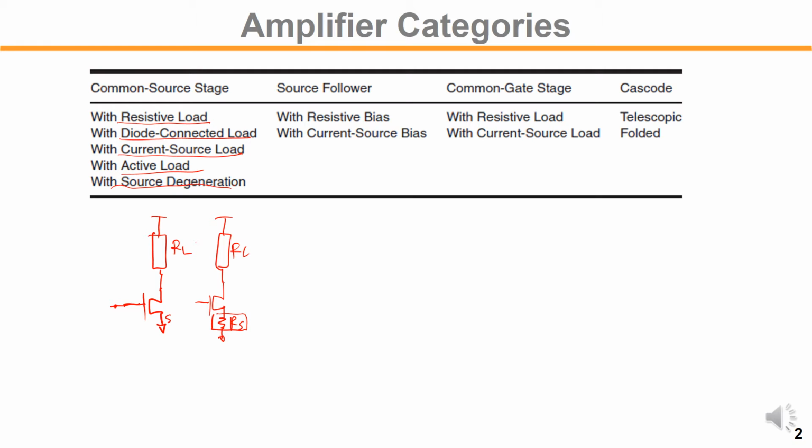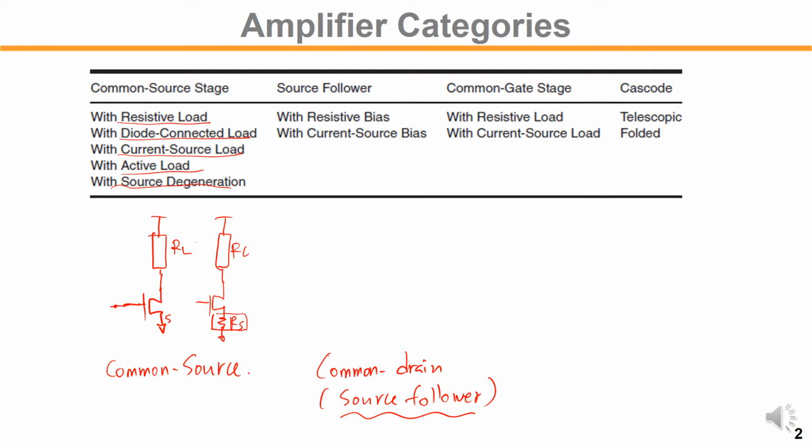The left is the common source. Next is the common drain, which is the source follower. People use the term source follower more often than common drain because its behavior is more like a follower, following the input.